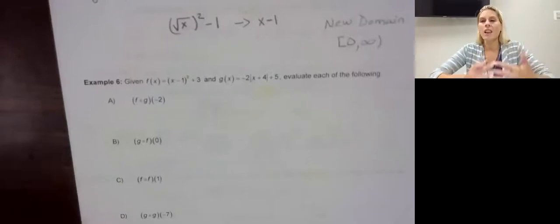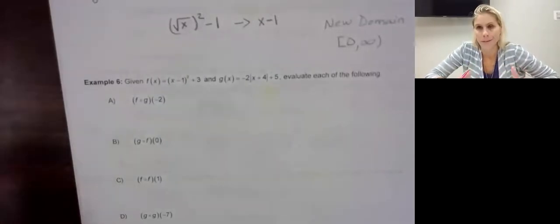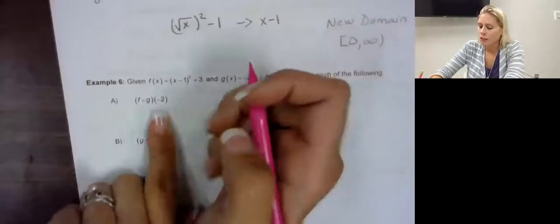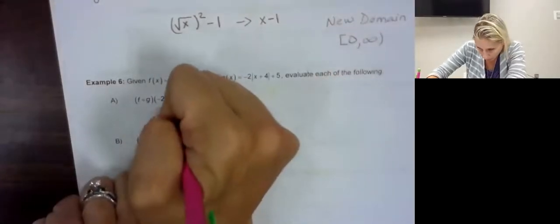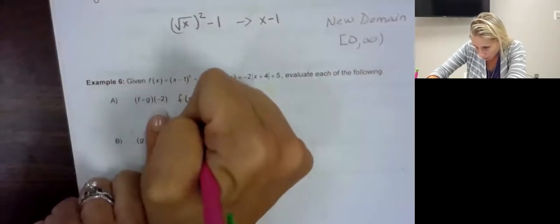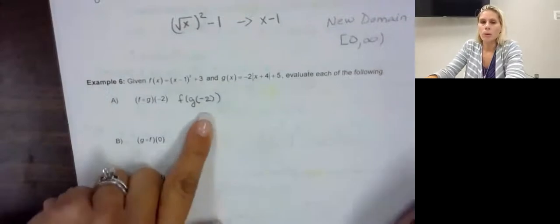Here's a couple more composition ones. I love it when we do compositions of evaluations, specific numbers, because it's a little bit easier to simplify. But still, the first thing I do is rewrite this. So we're going to say f of g of -2. So I always work inside out.